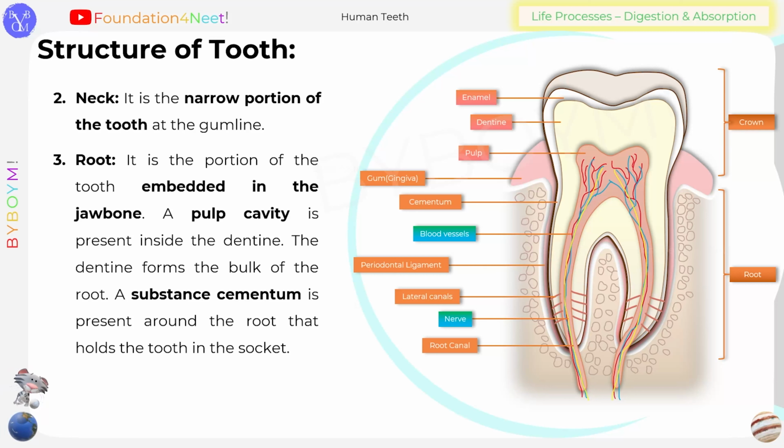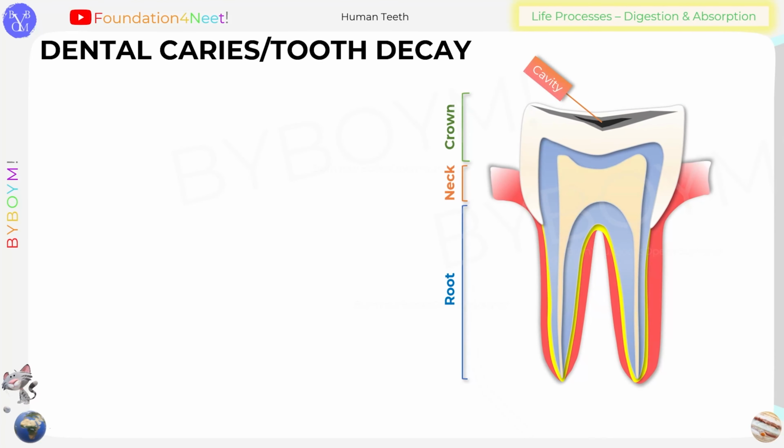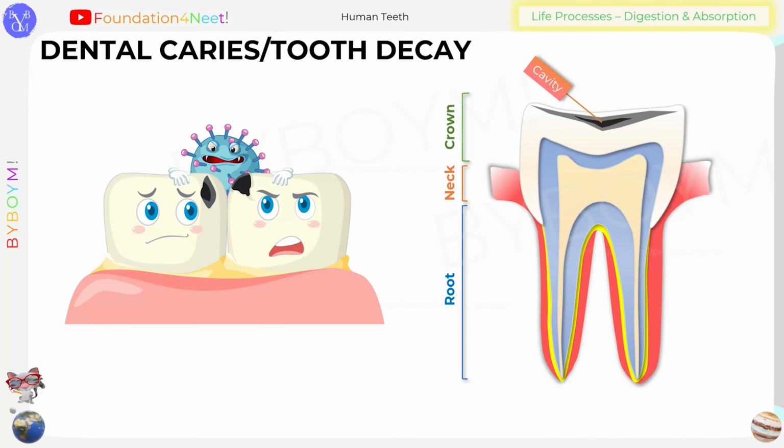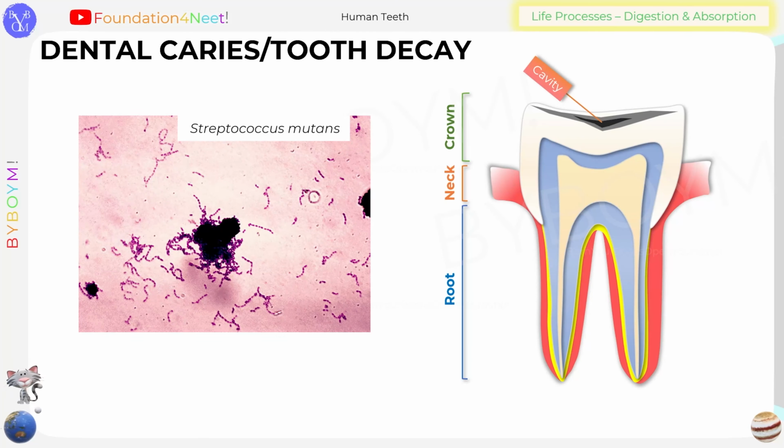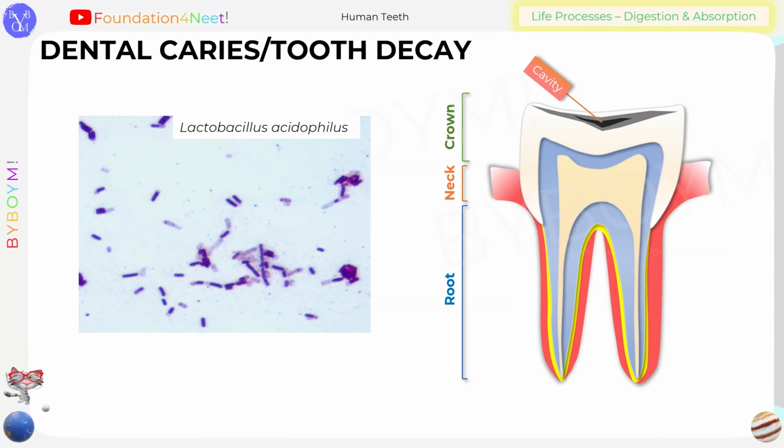Now that we know the structure of tooth, let's move on to see what are the problems that are associated with the tooth. The most common problem is the formation of acid by bacteria such as Streptococcus mutans and Lactobacillus acidophilus.